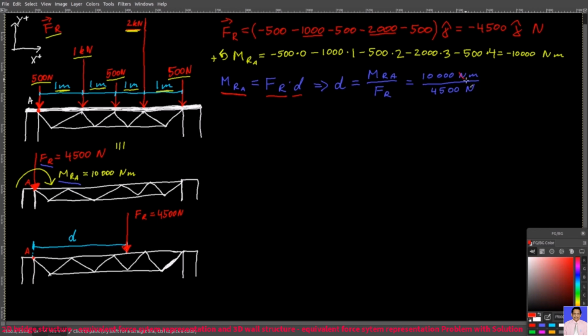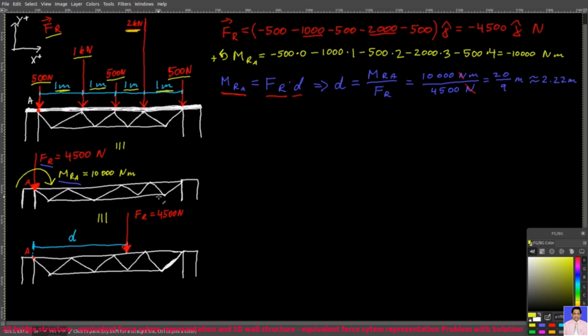From the units you can see that the newtons get cancelled out, and you will have 20 over 9 meters, or approximately 2.22 meters. So if you put your Fr in this particular location, 2.22 meters from point A, then it is equivalent to having your Fr at point A with this couple moment.